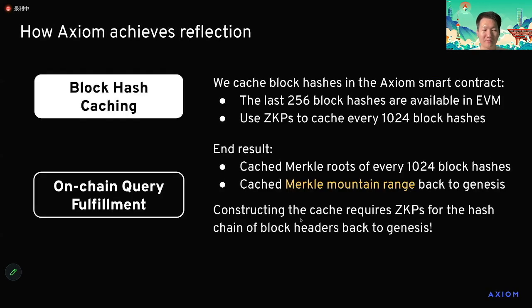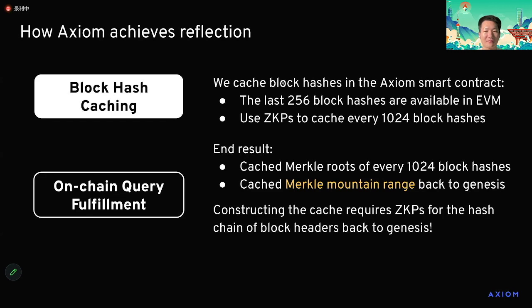Let me talk really quickly about how we actually achieve this reflection with Axiom. There are two key components. The first is that we have to maintain a cache of all previous block hashes in our smart contract. In the EVM, the last 256 block hashes are available natively.